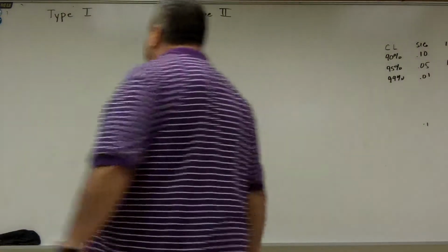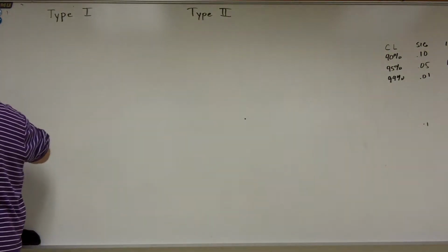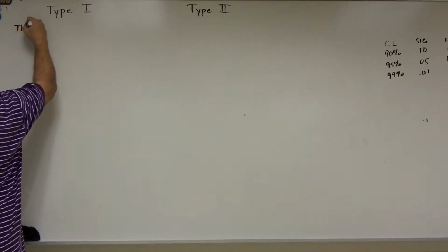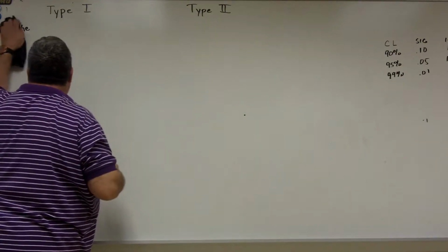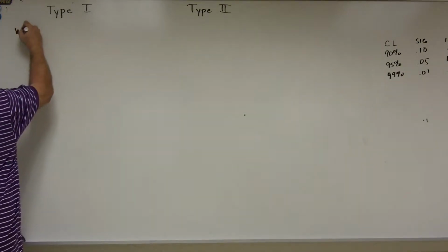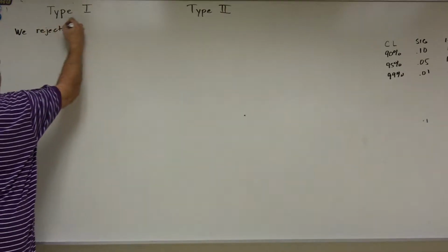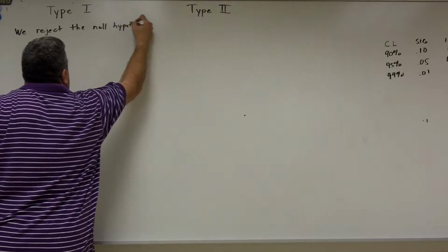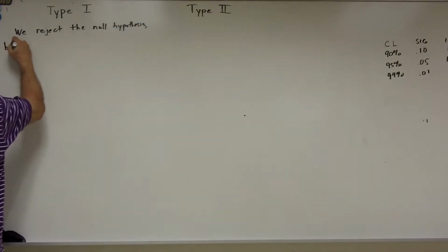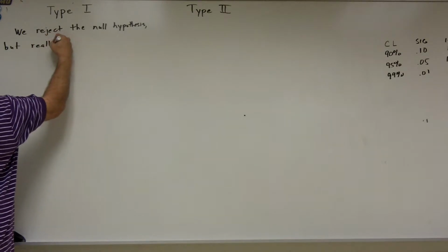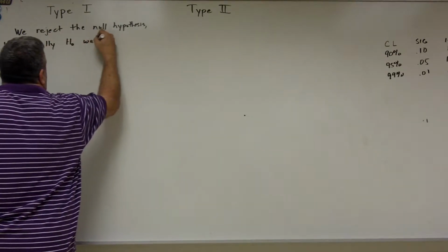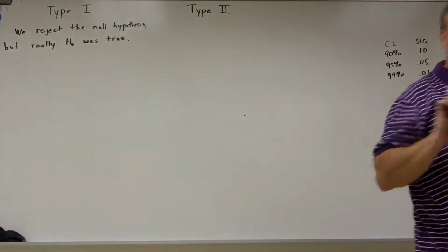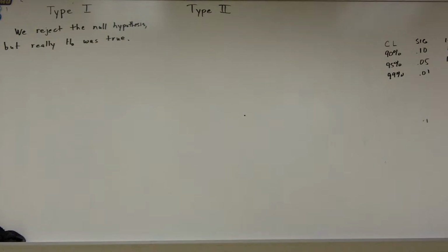Okay, this is when we reject the null hypothesis. Okay, that's a type 1 error. It can only be made when we reject the null hypothesis.